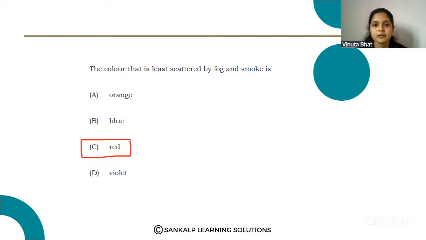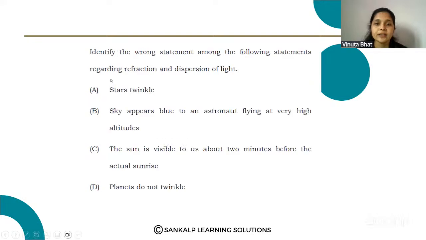Okay. So next question. Identify the wrong statement among the following statements regarding refraction and dispersion of light. Option A, stars twinkle. Option B, sky appears blue to an astronaut flying at very high altitudes. Option C, the sun is visible to us about 2 minutes before the actual sunrise. Option D, planets do not twinkle.